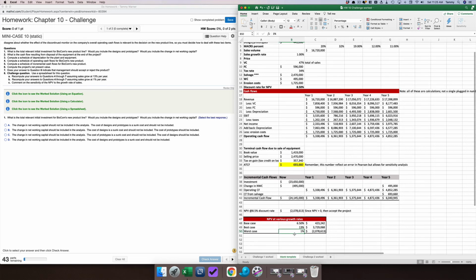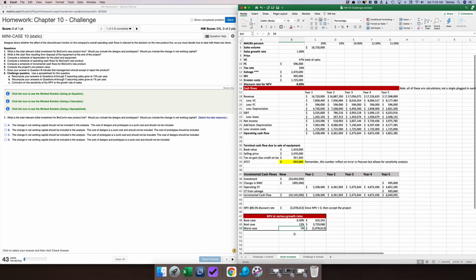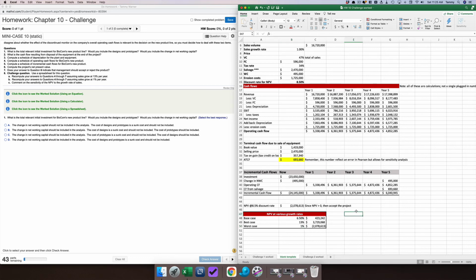And then the other question that I'm curious about: what's the growth rate in sales needed to have a non-zero net present value, right? This is kind of like break even.